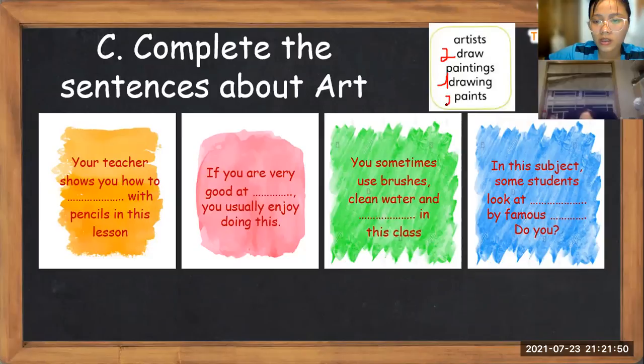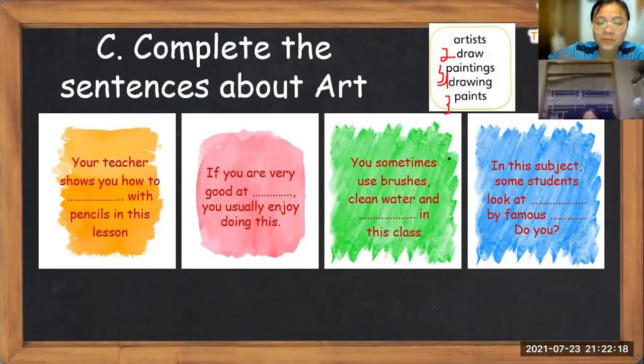Okay, there's 3. What about number 4? The last one here. In this subject, some students look at paintings by famous artists. Do you? Okay, yeah, this is your answer.